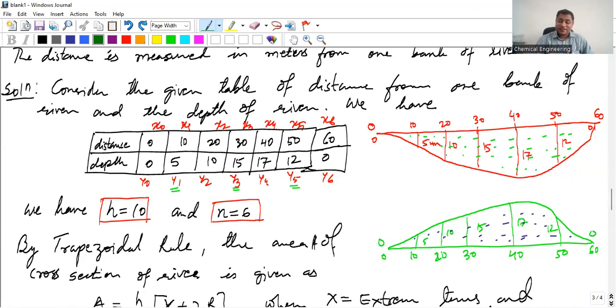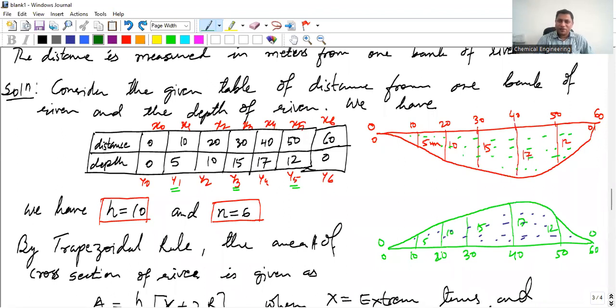What is the use of forward difference formula and backward difference formula? Interpolation or extrapolation. That means we find the missing value. Here we are not finding the missing value, we are adding all the values. Got it? Yes, sir.